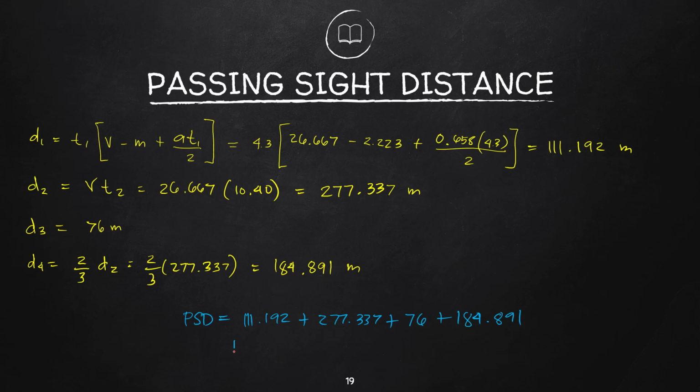We have your passing sight distance, and this should be equal to 649.42 meters.